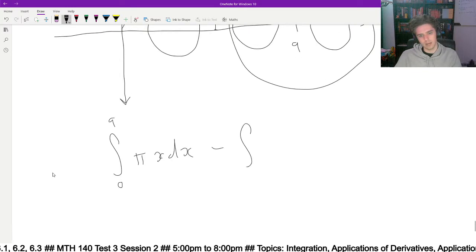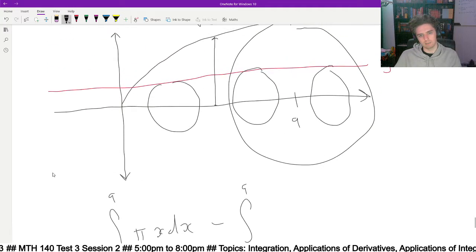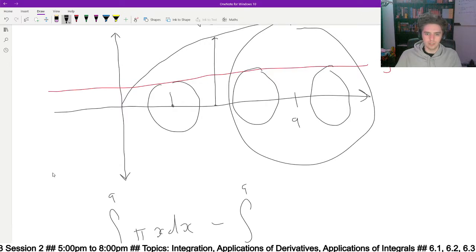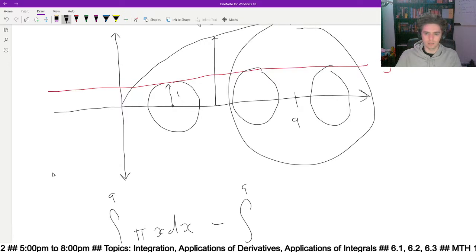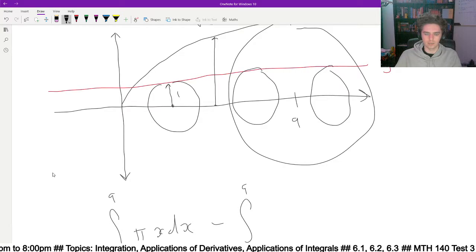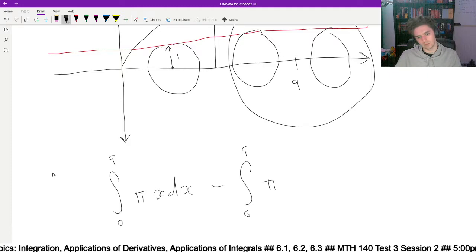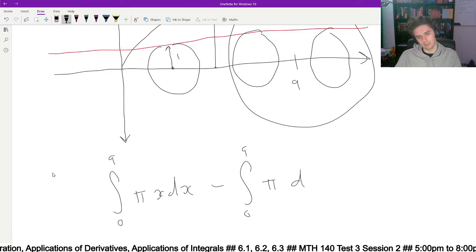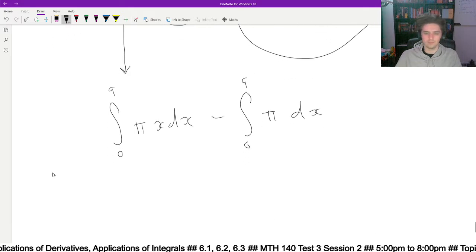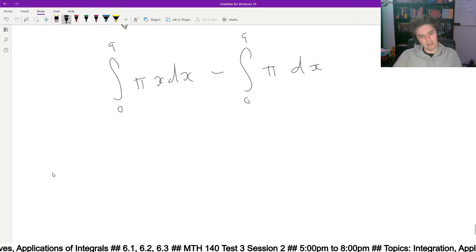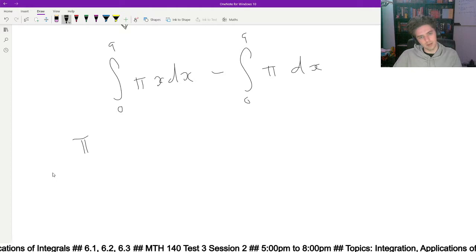And we want to subtract the integral from 0 to 9 of this bit in the center. So any circle in here is going to have just a radius of 1, because y equals 1, right? For all the circles here, it's going to have a radius of 1. So it's going to be pi 1 squared, so just pi dx. Right? So now we can factor out the pi, of course. So pi out of both of them.